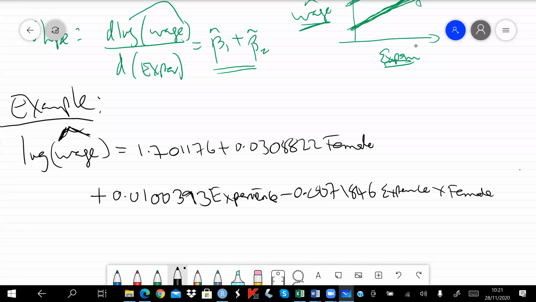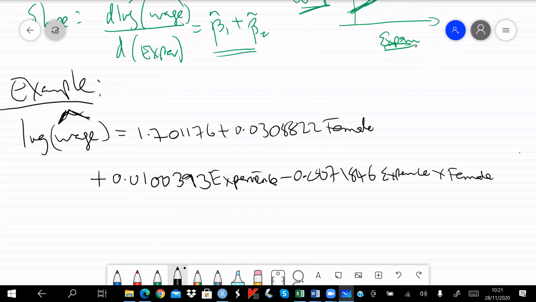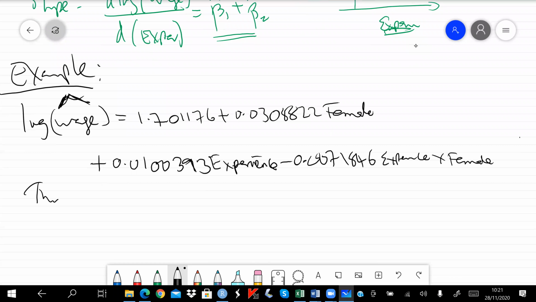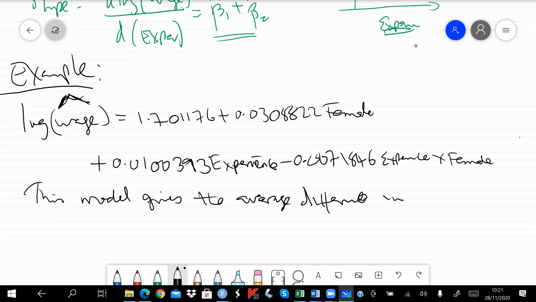And we say that this model gives the average difference in wage for both men and women.